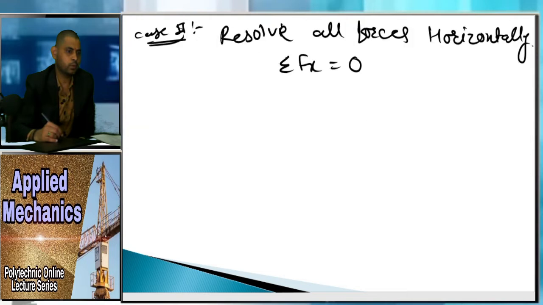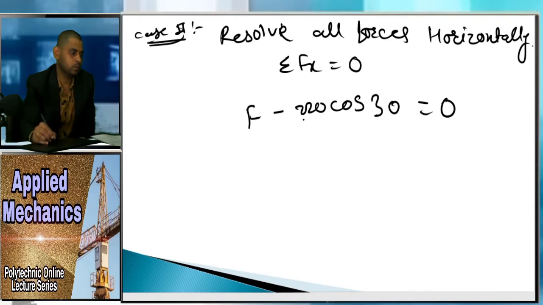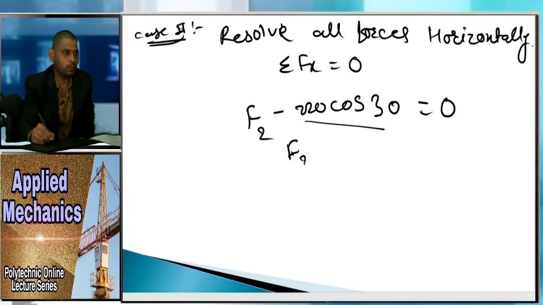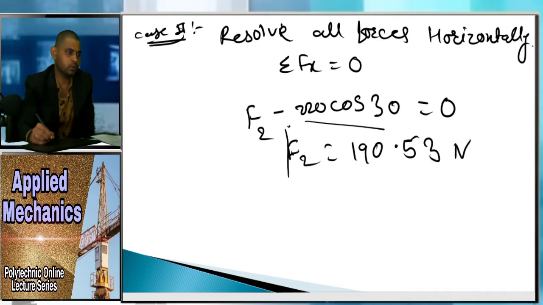So horizontally, F minus 220 cos 30 is equal to 0. The value of 220 cos 30 is 190.53. So this is the friction force F2 for case 2, right?